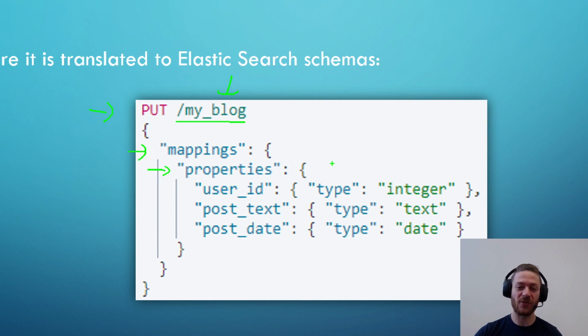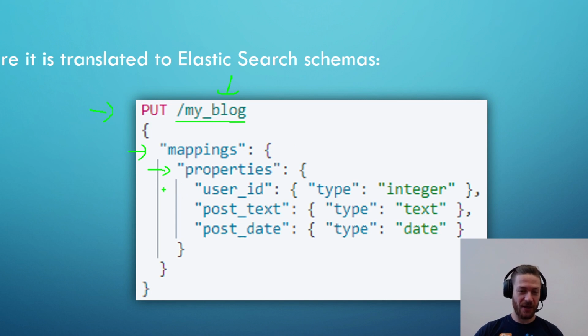Consider the properties to be like columns. Like I said, Elasticsearch is schemaless, so this is not required, but it's a good idea to have some mappings for your data, of course, if your data is structured. If it's not structured, then you don't have to provide any specific things. But having these mappings helps Elasticsearch index things. So if you provide the mappings, it will be better.